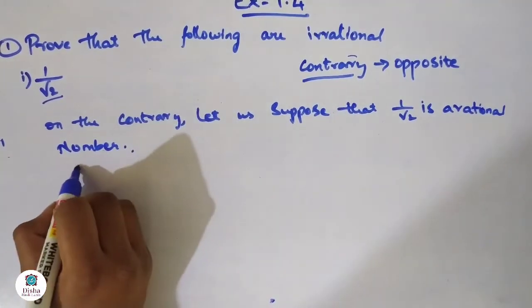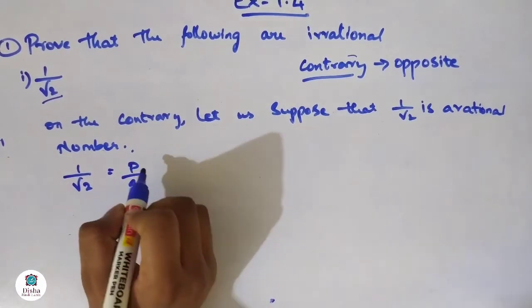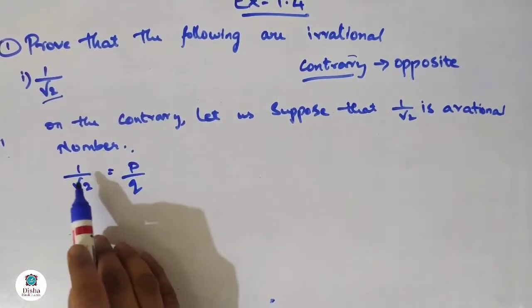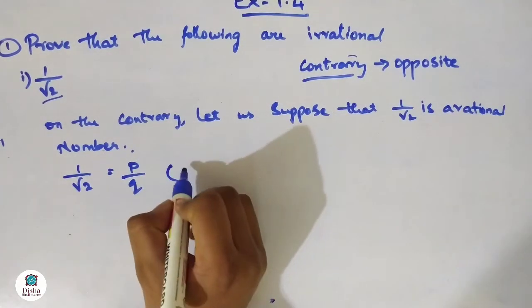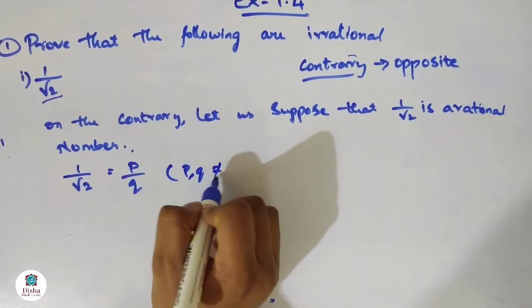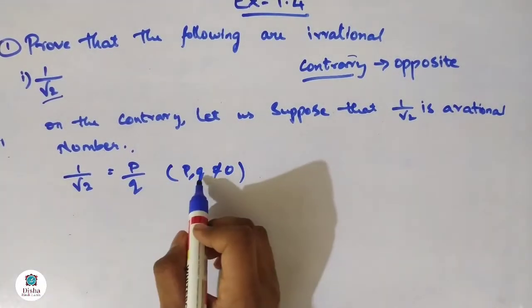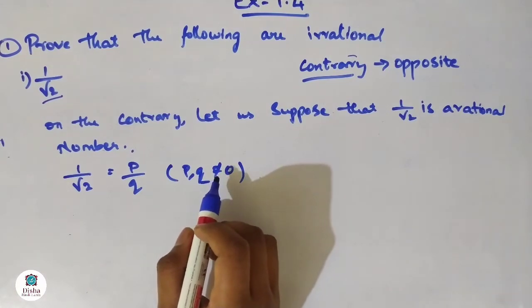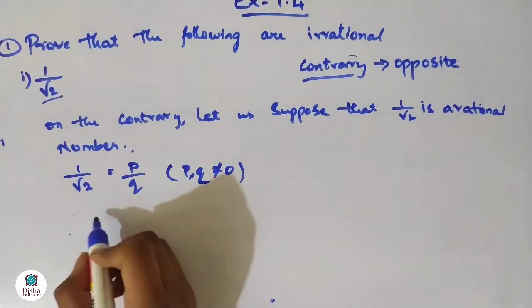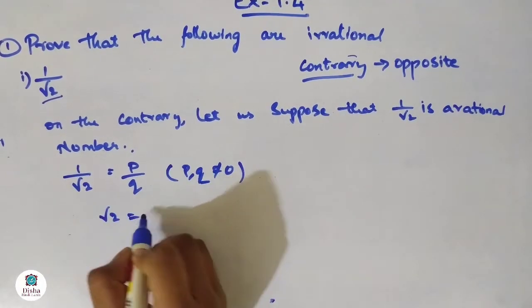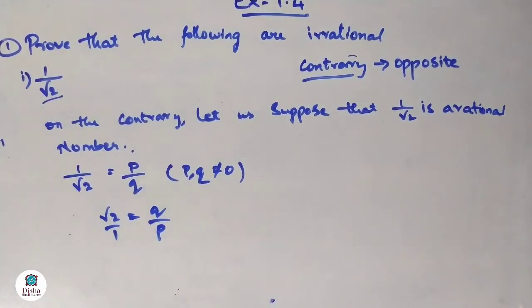Then 1 by root 2 will become a rational number in the form of p by q, where p, q are not equal to 0, right? If q is equal to 0, then it will not be a rational number. So now we take the reciprocal. How? Root 2 by 1 equals q by p.